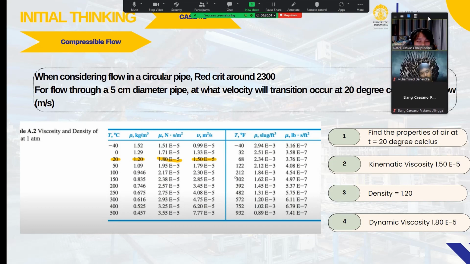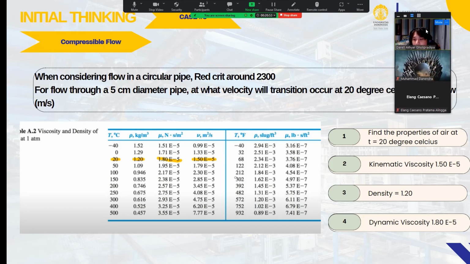First we have to find the properties of viscosity and density at 1 atm and 20 degrees Celsius of air. The kinematic viscosity is 1.50 E to the power of minus 5, the density is 1.20, and the dynamic viscosity is 1.80 E to the power of minus 5.